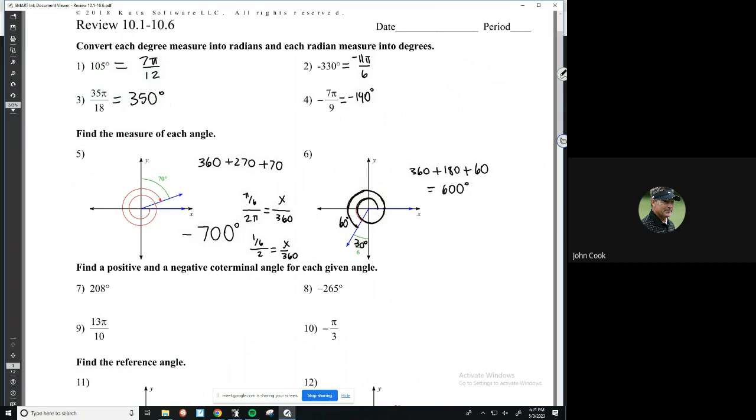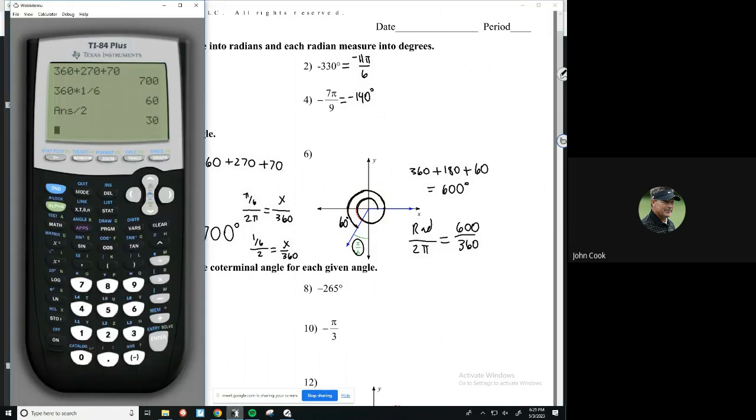But it has this green angle in terms of radians. So then what I would want to do is just convert it to radians. So I can just use my little trick again with radians. So it'd be 600 over 360. So I'd convert that fraction, reduce it down. Let's see, 600 divided by 360, and then convert it to a fraction.